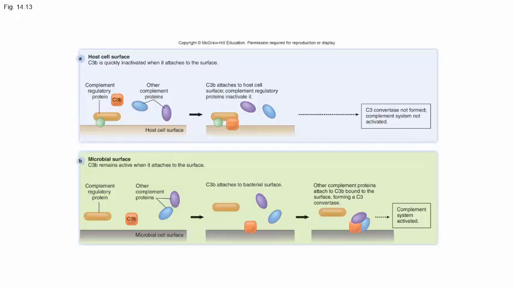In one case, molecules in host cell membranes bind to regulatory proteins that quickly inactivate C3b. Some pathogens have been found to have mechanisms to hijack the host's protective mechanisms. And we'll deal with that later when we get into Chapter 16. And I would encourage you to review the microassessment here.